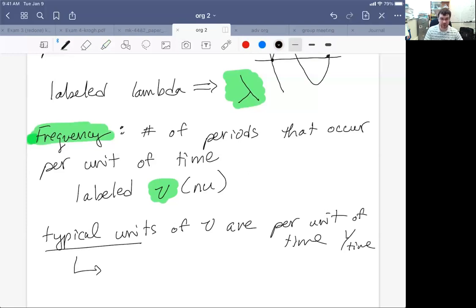I guess the typical general, even SI units are the hertz, H-E-R-T-Z, and that's named after a physicist, so we'll capitalize that, I suppose. And that's a per second, so 1 over 1 second, or a second to the -1 power.